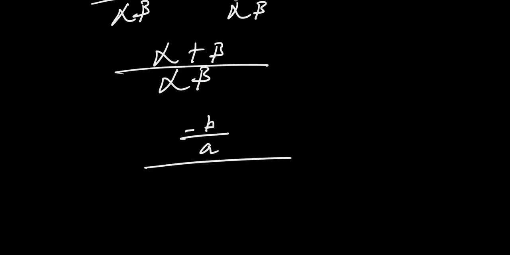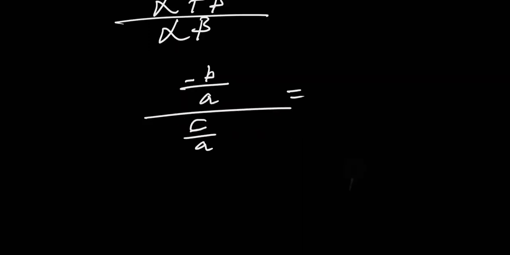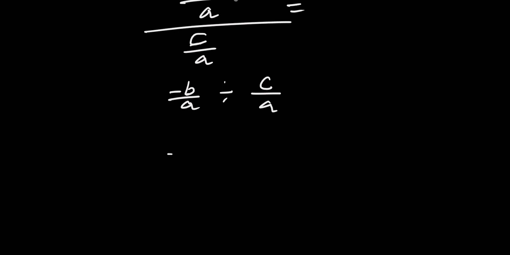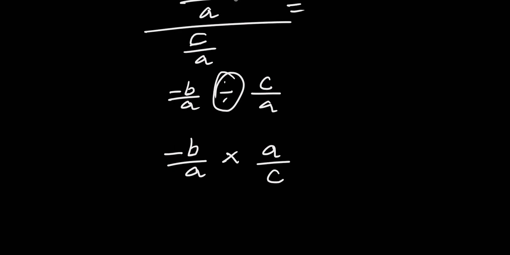all over product of roots is c over a, rather. So we can now write negative b over a divided by c over a, and we can change this division sign to multiplication, and that's going to be a over c.